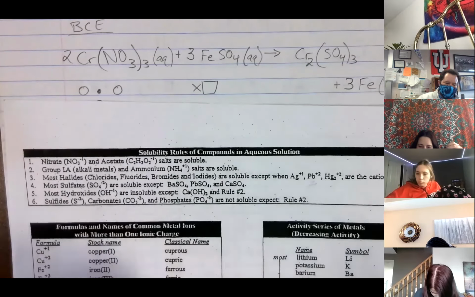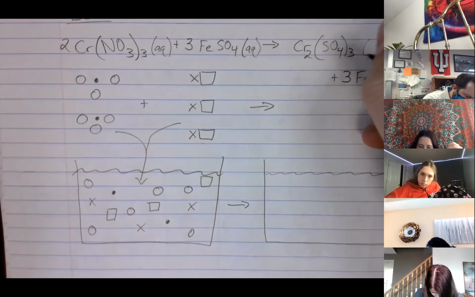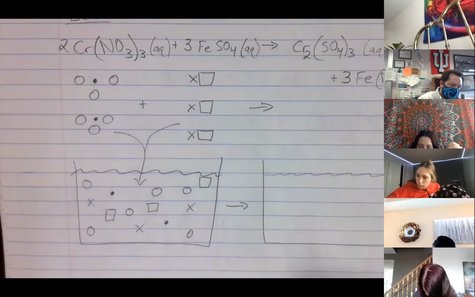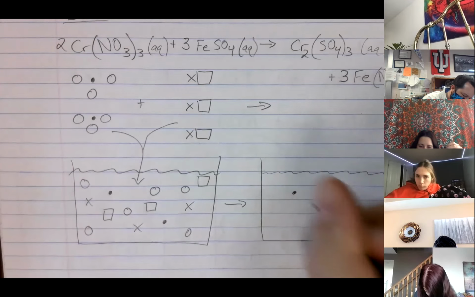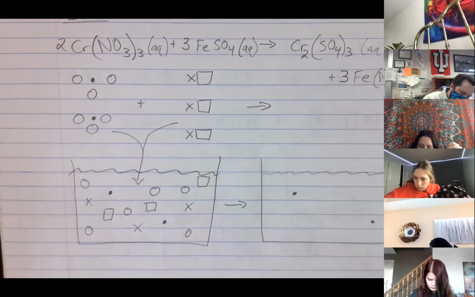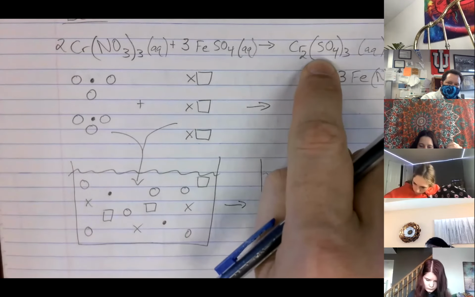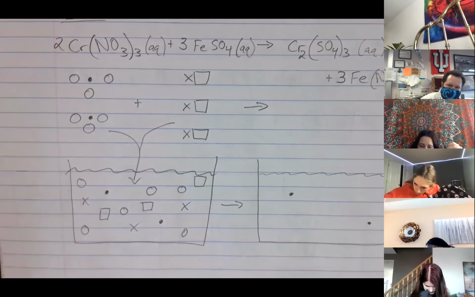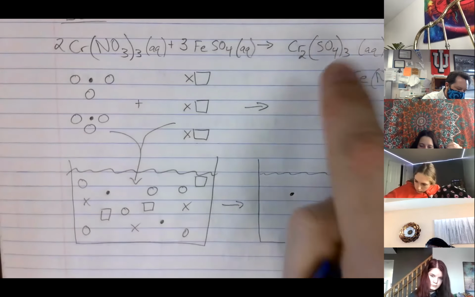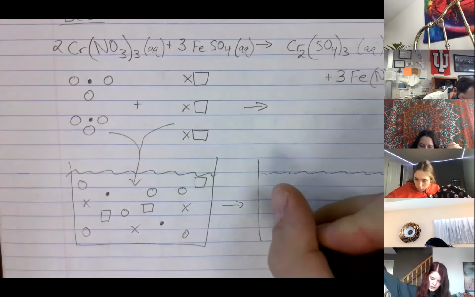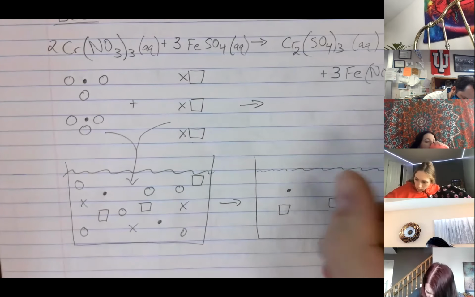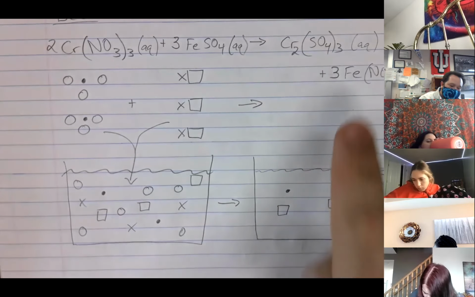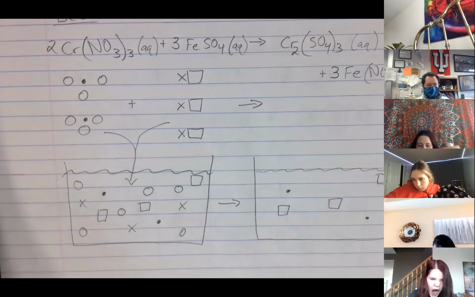None of those 3, so soluble. So that means my chromium is going to remain as just black dots. And my sulfates, I use squares for those guys. Those guys are going to remain as just open squares. Nothing happened with them. Okay. How about iron nitrate?